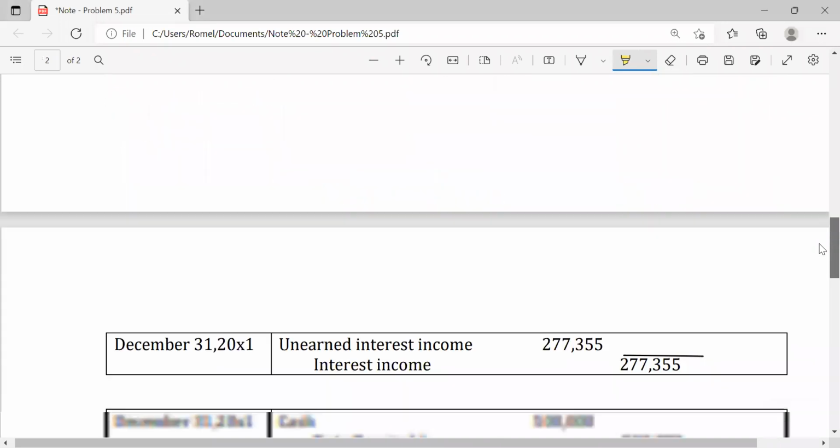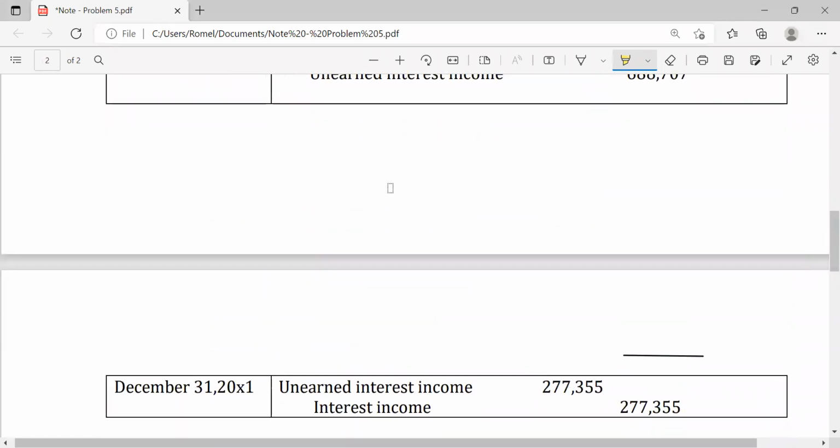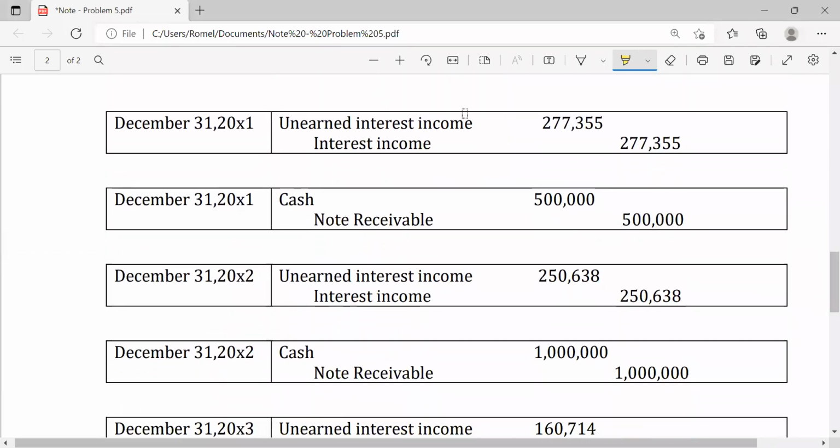And then next, on December 31, 20X1, the company will recognize interest income. Debit unearned interest income, 277,355. Credit interest income, 277,355.